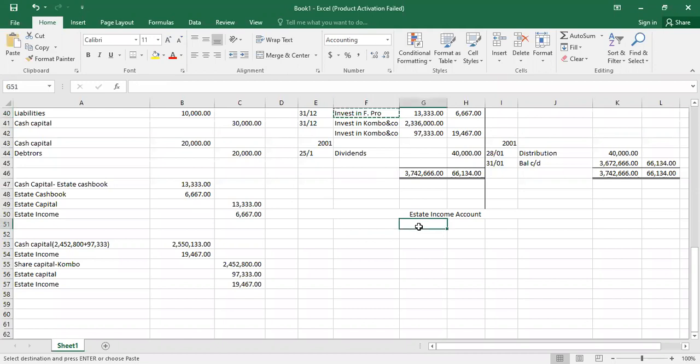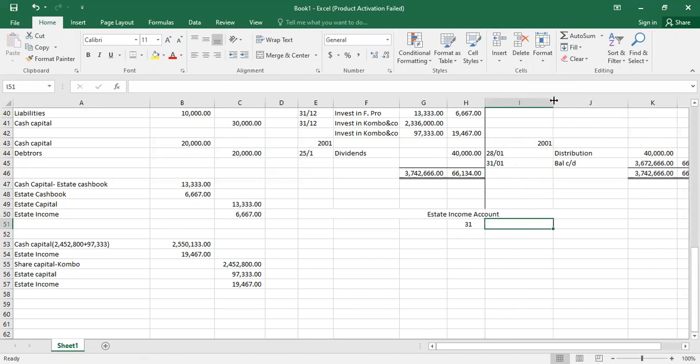Copy. Then I come here and paste. This is the date column. So this is on 31st January. I put it here. That first January.